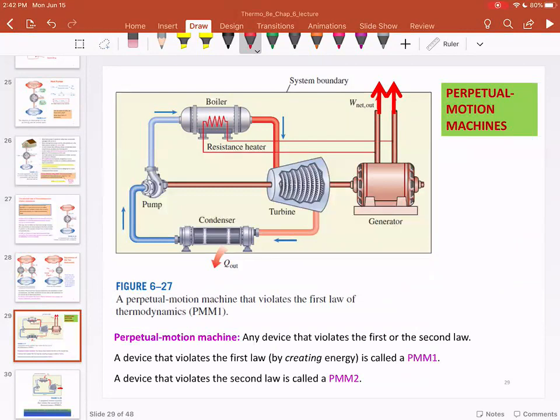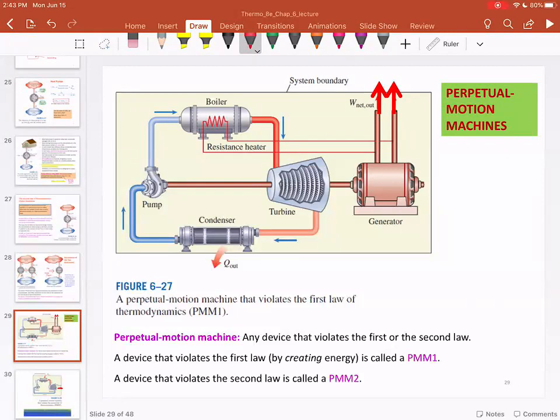It's not possible to construct a perpetual motion machine. But it's a hypothetical machine, wherein we assume that there are two types of machines. One is called the perpetual motion machine of the first kind, and the second one is called the perpetual motion machine of the second kind.